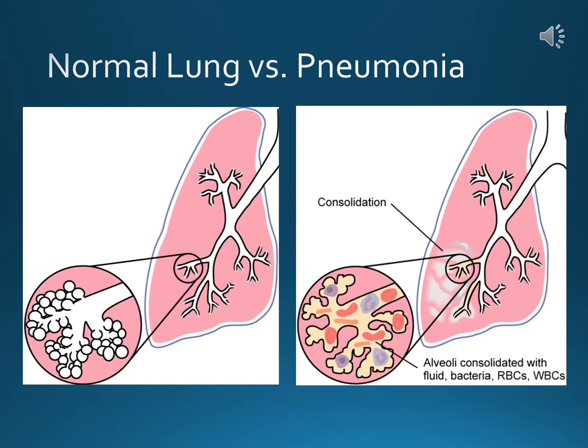And I challenge you, when you're at Kindred, to look at the charts of the people that you're taking care of and that your classmates are taking care of, and find somebody who doesn't have or hasn't had some kind of pneumonia. And that will give you an idea of the prevalence of this in people with chronic lung conditions.